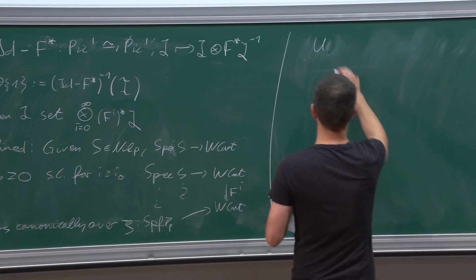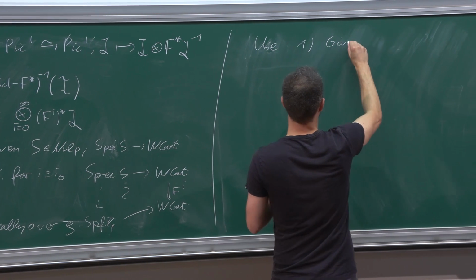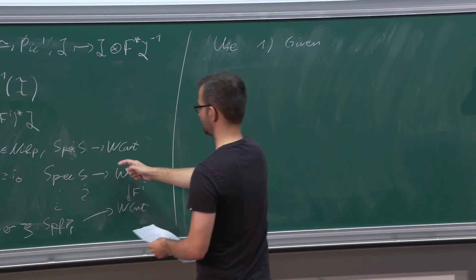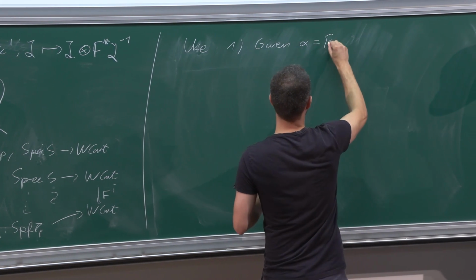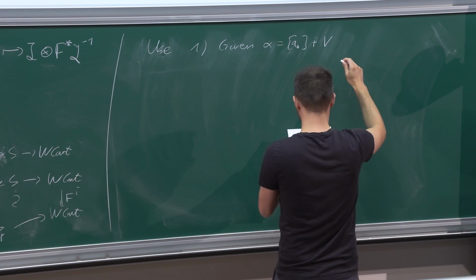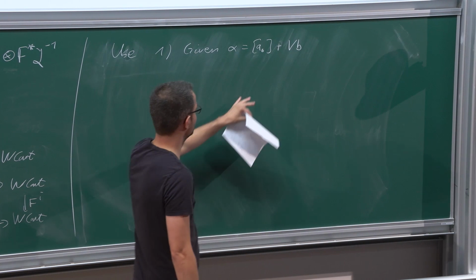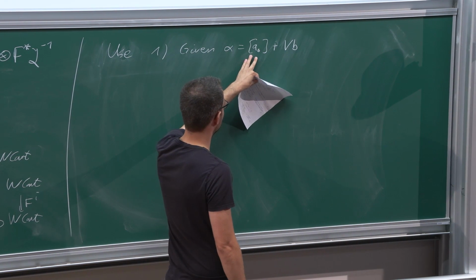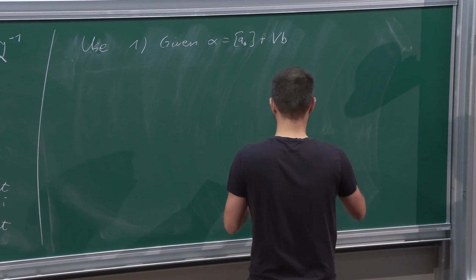And so more concretely, one has to see the following two statements. A morphism to the W card is given by some Cartier-Witt divisor, at least locally on S. And so it takes locally the form given by some Teichmüller of a_0 plus some Verschiebung of b.